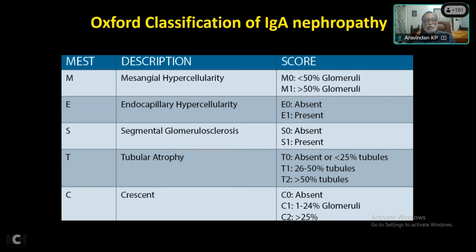And the next thing would be to do a classification. In IgA nephropathy, you do what is known as the MEST classification. This is the type of classification: mesangial hypercellularity M0, M1; endocapillary E0, E1; segmental sclerosis S0, S1; tubular atrophy T0, 1, 2; and crescents also C0, 1, 2.